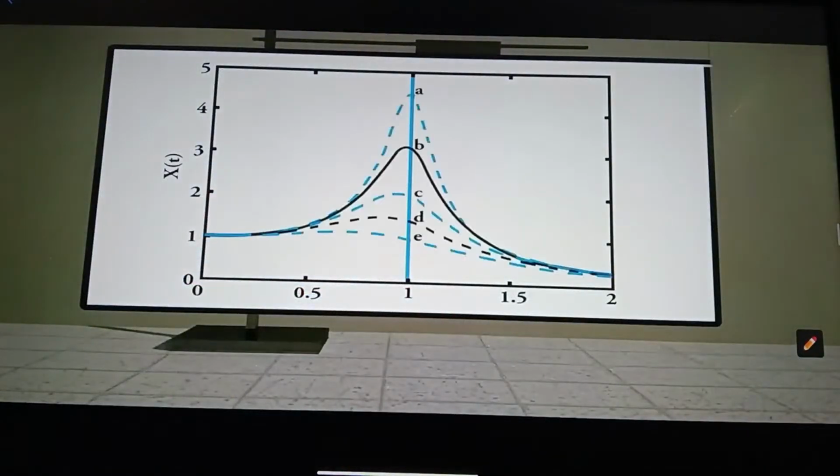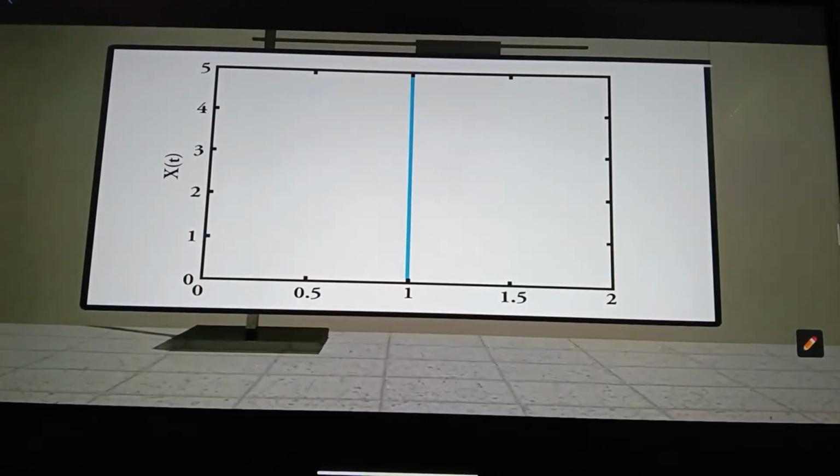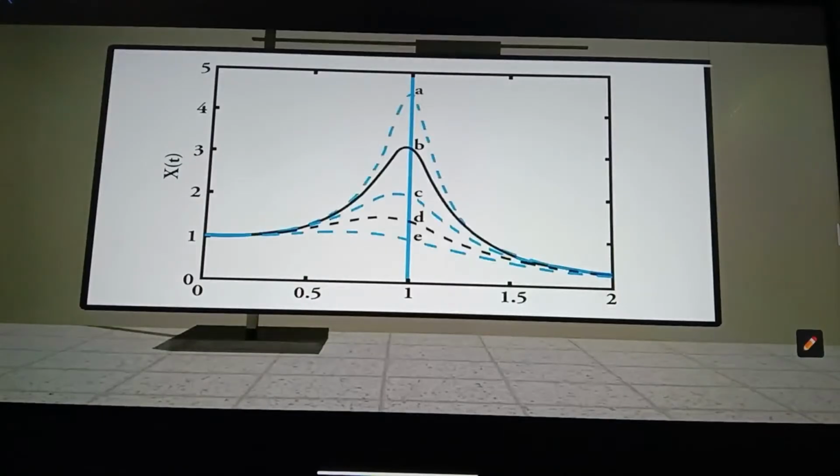The 5 curves correspond to different extents of damping present in the system. Curve A corresponds to the least damping, and damping goes on increasing successively in curves B, C, D, and E. Notice that the peak shifts to the left with increasing b.